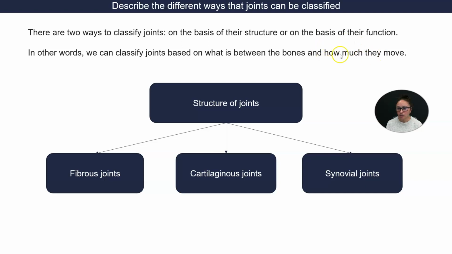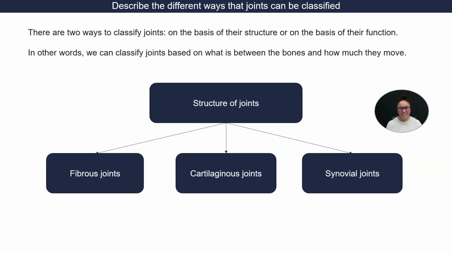And we can also classify them with regards to how much they move: this joint only moves a little bit, this joint doesn't move at all, and this joint moves a little bit or a lot. So what we're going to do is look at the first kind of classification, which is what is between the two bones. It took me a long time to work this out in the literature, so I hope you appreciate it.